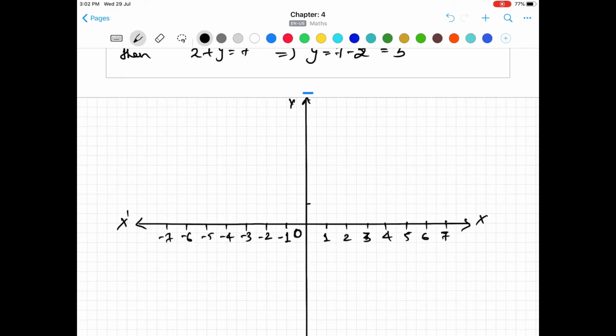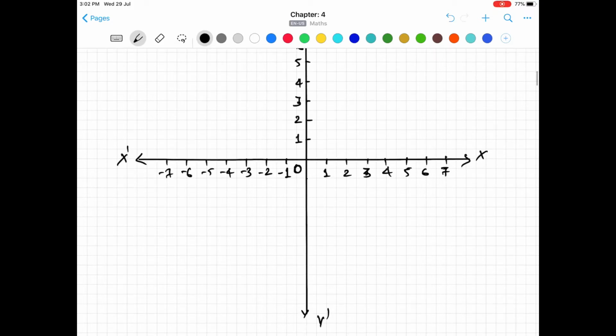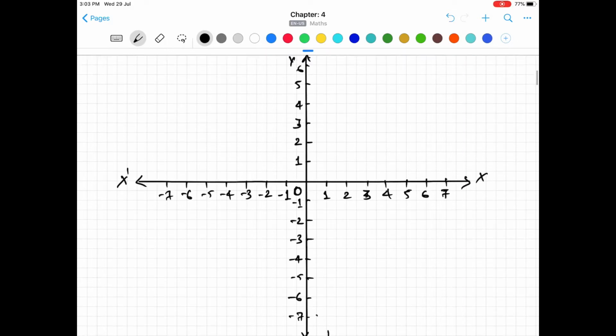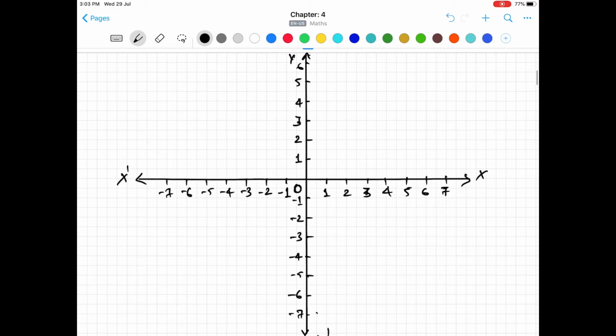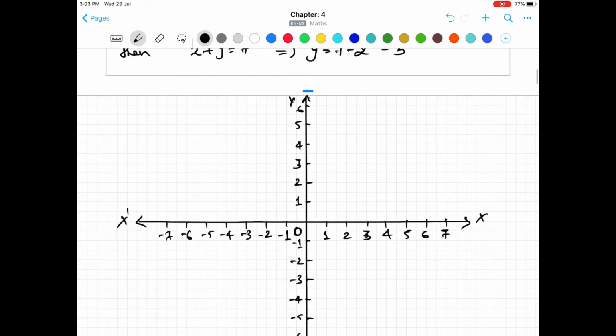Similarly on the upper side we have 1, 2, 3, 4, 5, 6, the positive values of y, and on the downward side we have negative values of y: -1, -2, -3, -4, -5, -6 and -7. So this is our coordinate system, which you have already studied in the previous exercise and chapter.